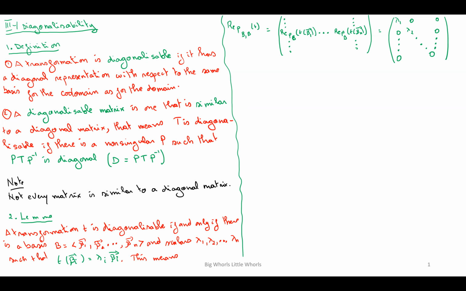So basically, we want to find a basis such that the action of the transformation in that basis is just multiplying the vectors of that basis by scalars. Is that okay? So let us go straight away to the tutorial so that we can apply everything we have seen so far.